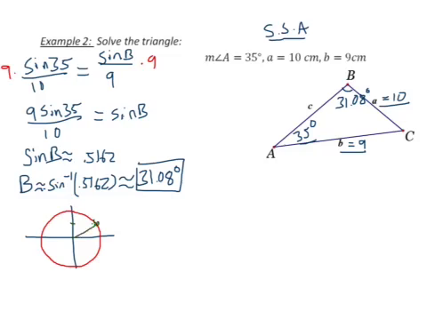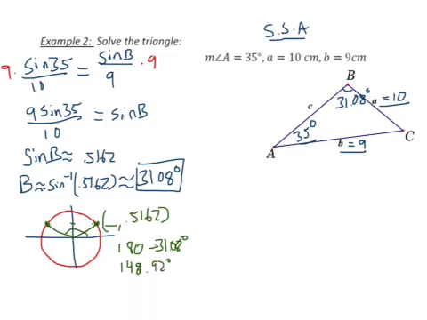And what is that angle? That angle is 180 minus 31.08. If we subtract that, we get 148.92, but we can round that off.